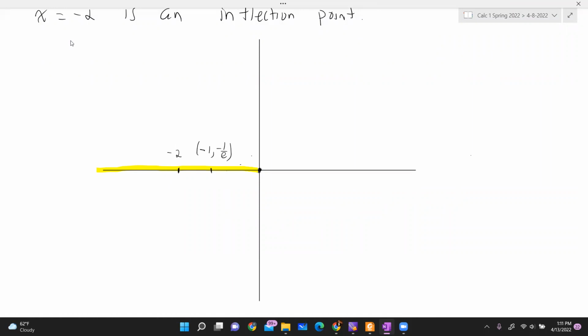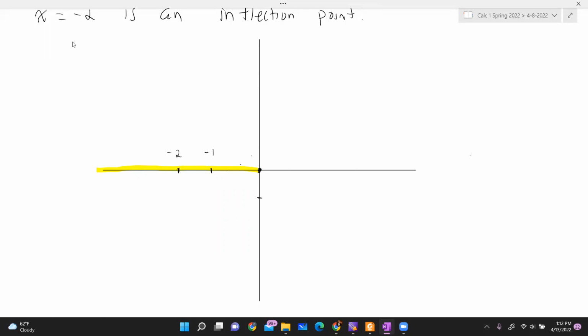So what we have is that, let's see, this is negative 1, this is negative 2. This is a little confusing, actually. Let me get rid of this. So we have a local minimum at negative 1, and we have an inflection point at negative 2.